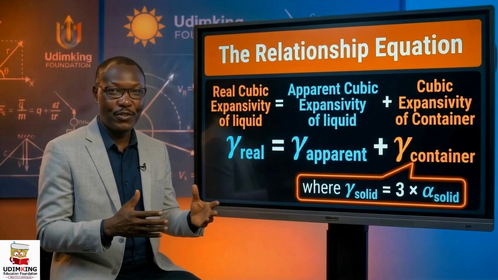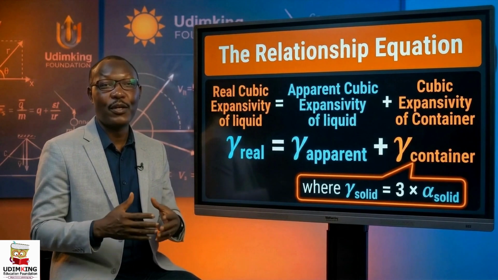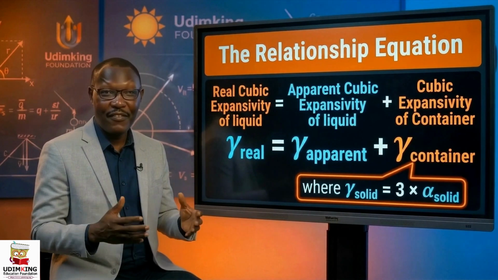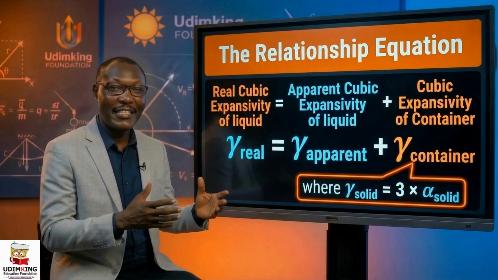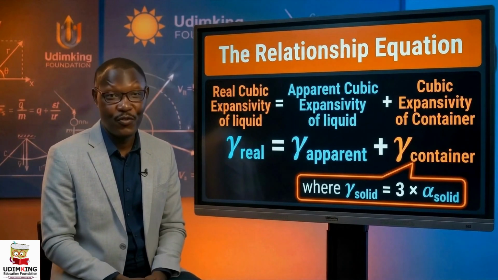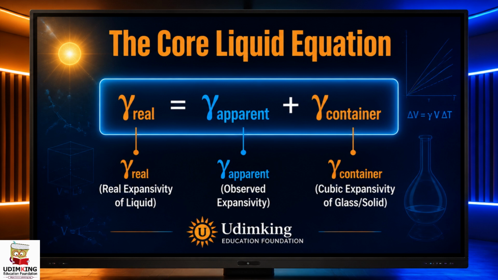It is nearly impossible to directly see how much a liquid expands independently of its flask during an experiment. Luckily, physics gives us an elegant common sense workaround. To find the true, real cubic expansivity of a liquid, all we have to do is take the apparent expansivity that we calculated from our experiment and add the cubic expansivity of the solid container itself. Think of it like this: the real expansion of the liquid has to cover two things.